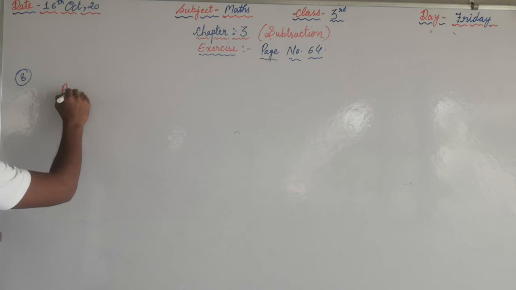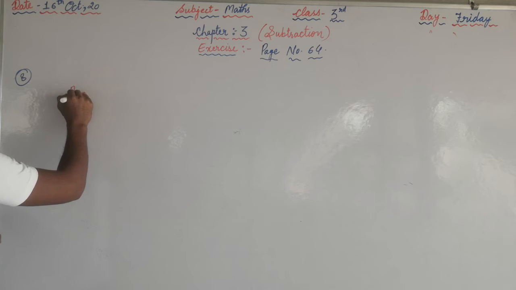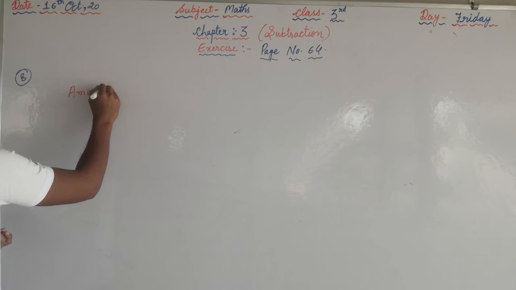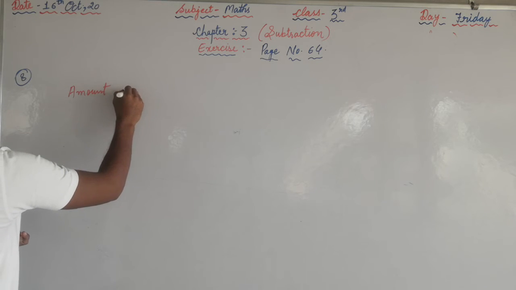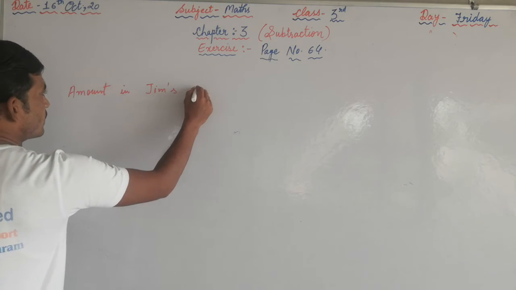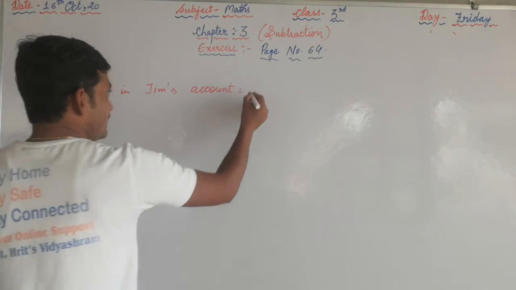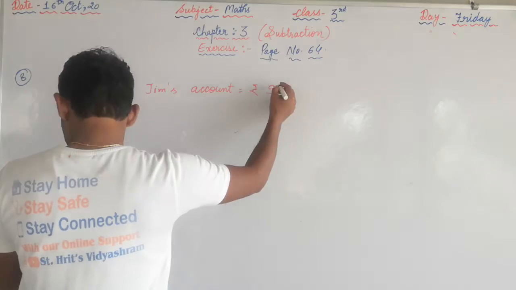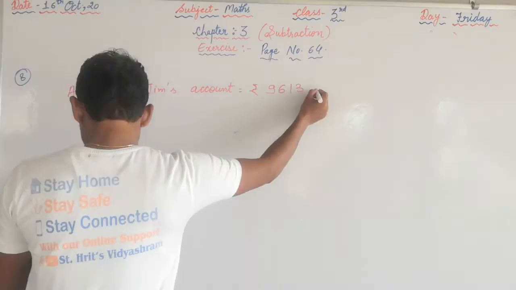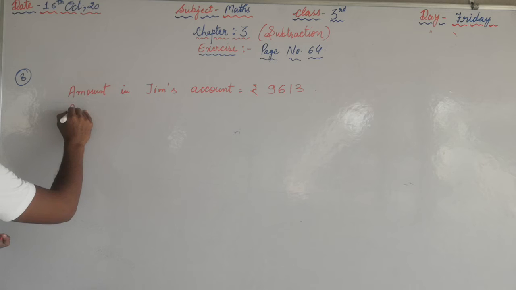Amount in Jim's account equals rupees 9,613.